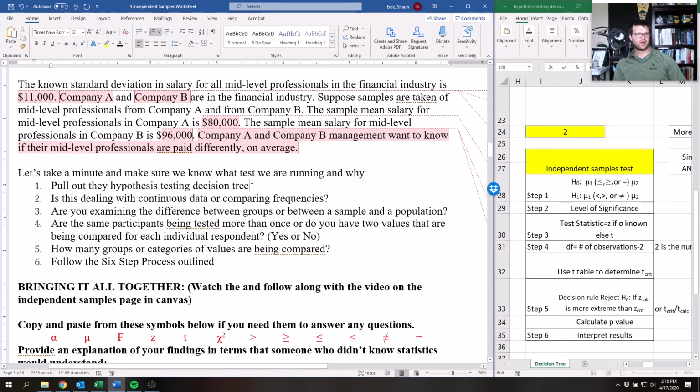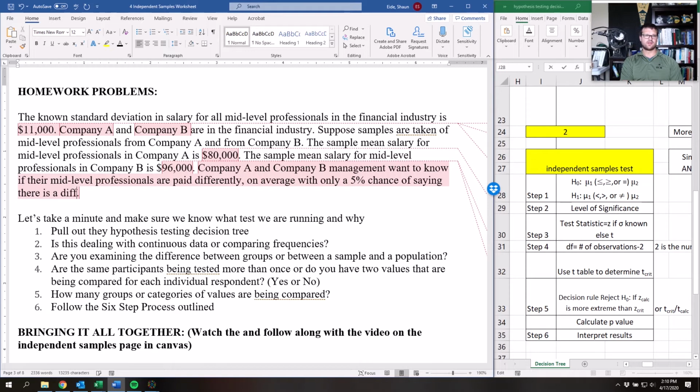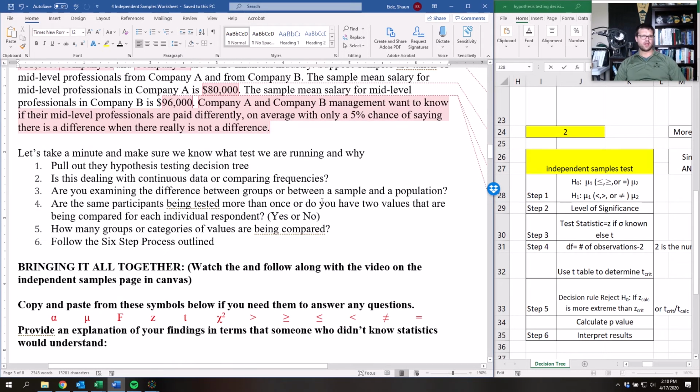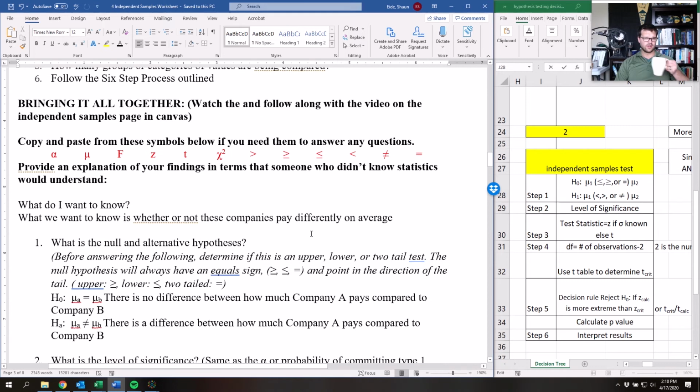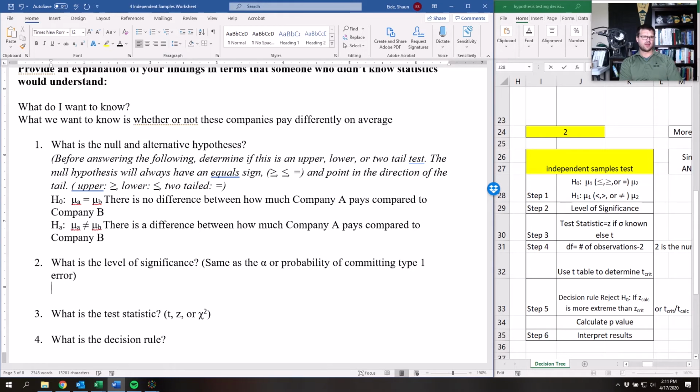So we're going to choose only a 5% chance of saying there is a difference when there really is not a difference. So we'll save that and upload it. And so the level of significance is going to be 0.05.